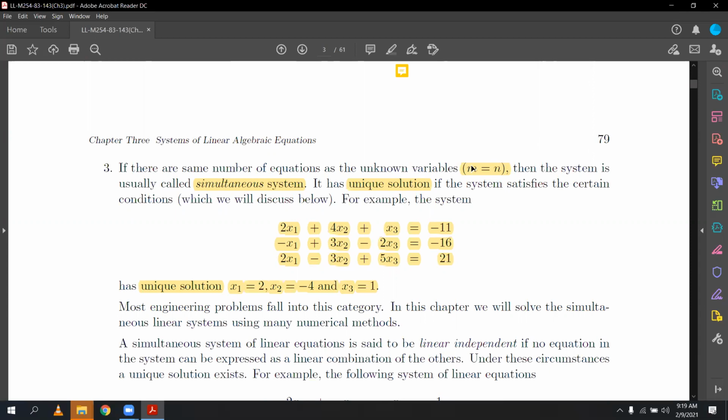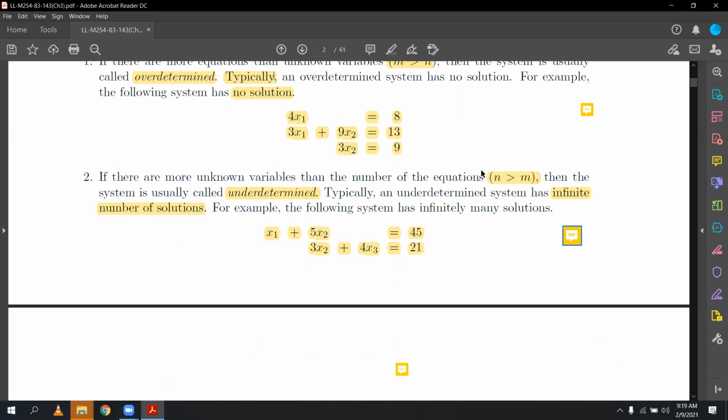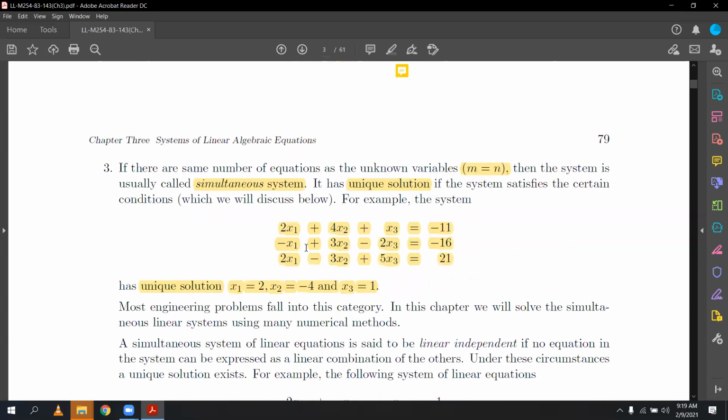But here we have a better chance to get the unique solution. So what we will do, inshallah, in chapter number 3, is we will not discuss a system like this one or a system like this one. Our system must be the simultaneous system.